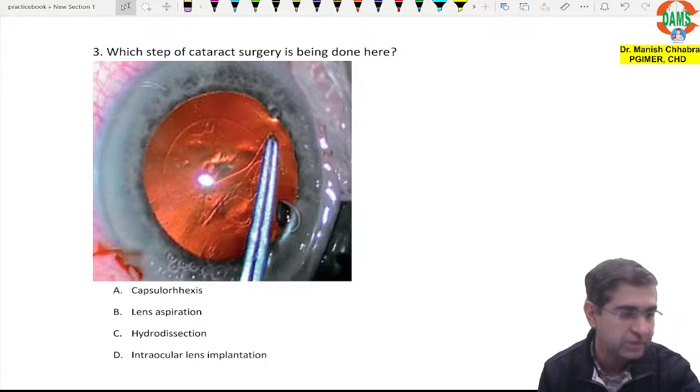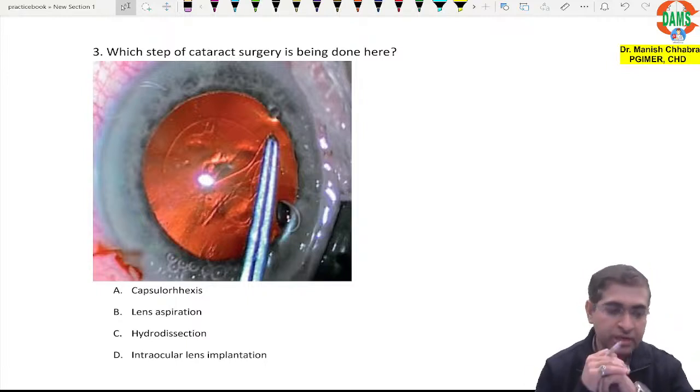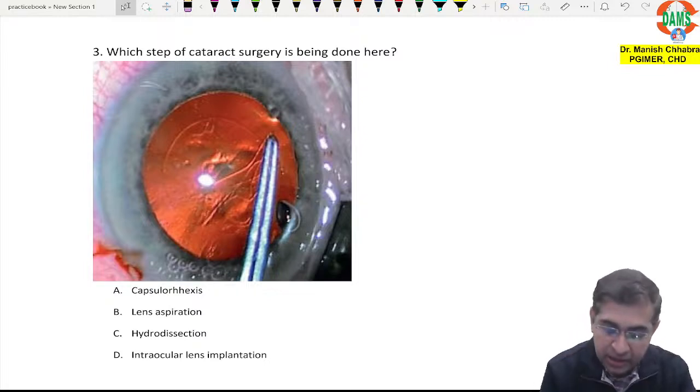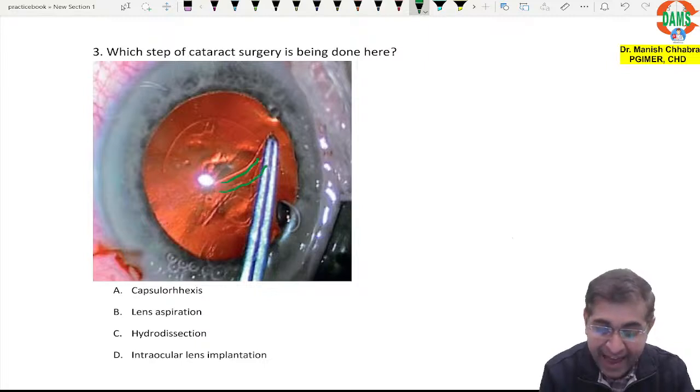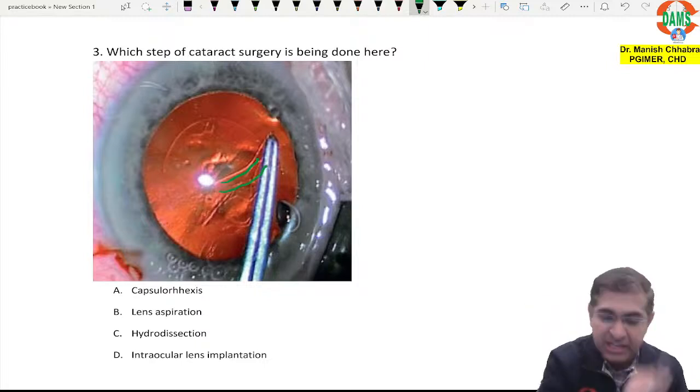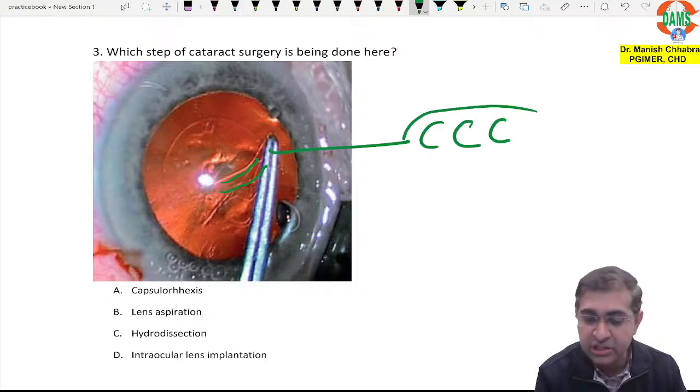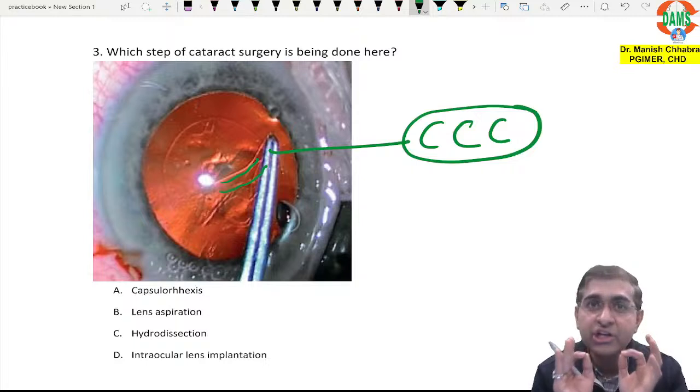Okay. Yes. Now coming on to this, which step of cataract surgery is being done? Now can you appreciate that this is the capsular flap which is being raised such that there is formation of CCC, continuous curvilinear capsulorhexis.